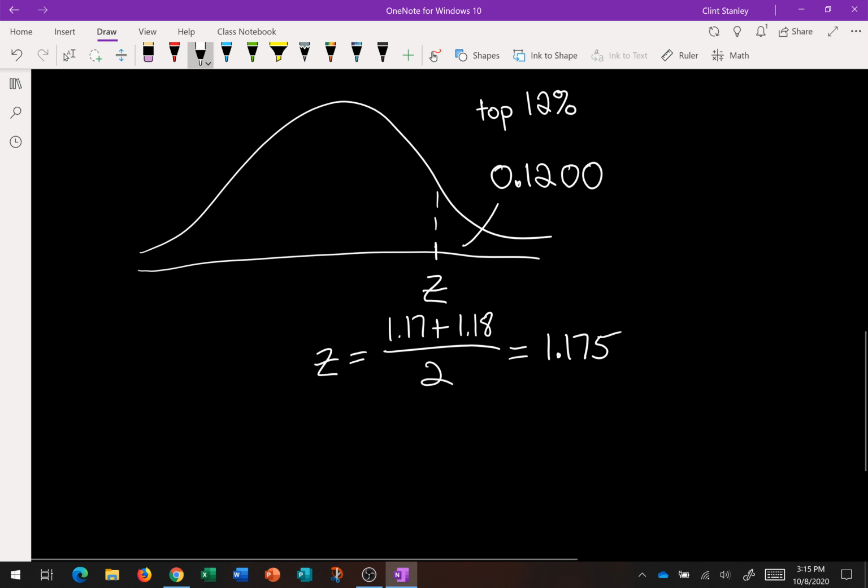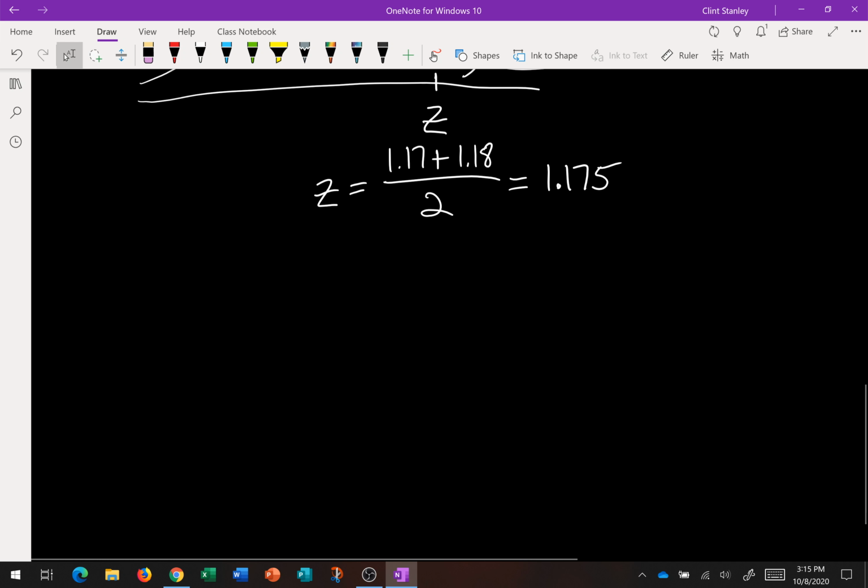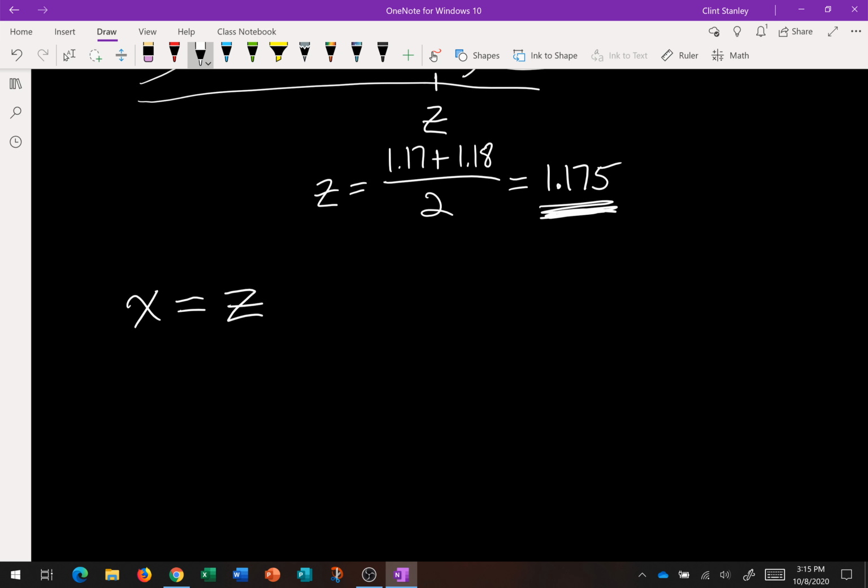1.175. But we're not finished because on this problem, it asks us to take the z and change it into a GRE test score, or in other words, change it into an x, a data value. So there's a formula. We want x, then we take z times sigma, our standard deviation, plus the mean. Okay. So here we want our GRE score.